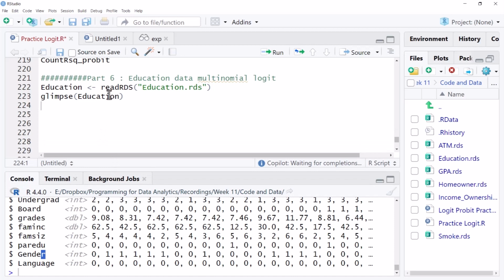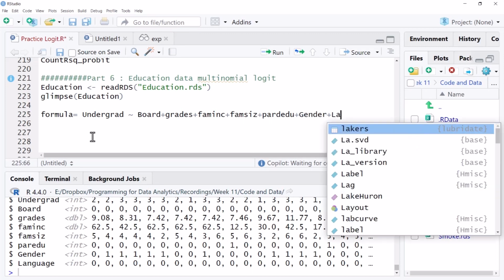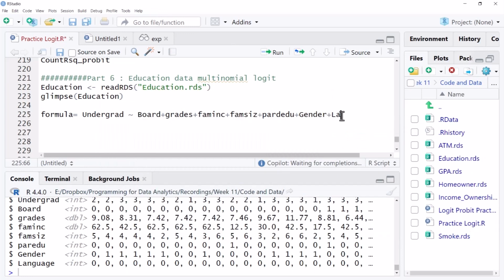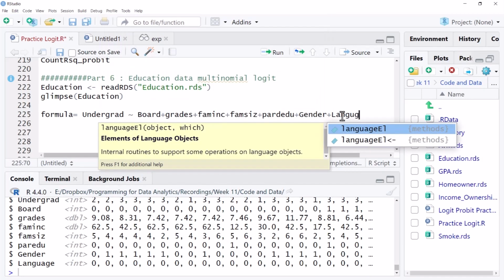Let's start with the exercise. So first let's define the formula. The formula is, we'll run the regression of undergrad on board plus grades plus family income plus family size plus parents' education, a lot of variables in this particular model, plus gender plus language.